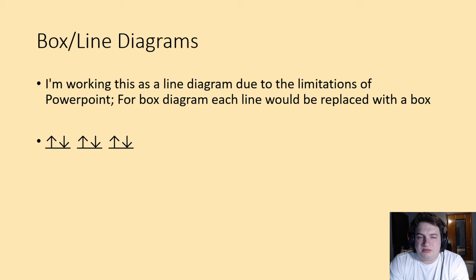So if I didn't have any of these double filled, all my arrows would have an up spin, or all my arrows would have a down spin. And obviously if I were doing a box instead of a line, it would just be a box with the arrows inside the box.